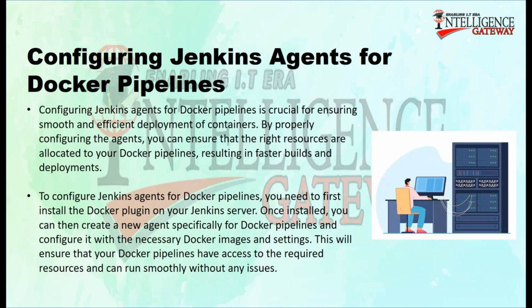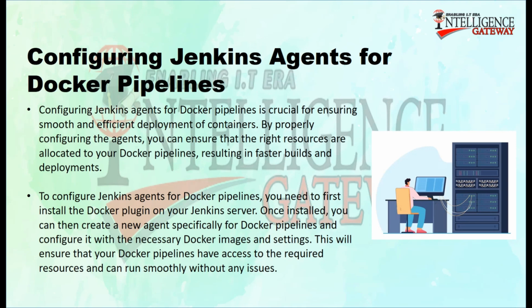Configuring Jenkins agents for Docker pipelines. Configuring Jenkins agents for Docker pipelines is crucial for ensuring smooth and efficient deployment of containers. By properly configuring the agents, you can ensure that the right resources are allocated to your Docker pipelines, resulting in faster builds and deployments.